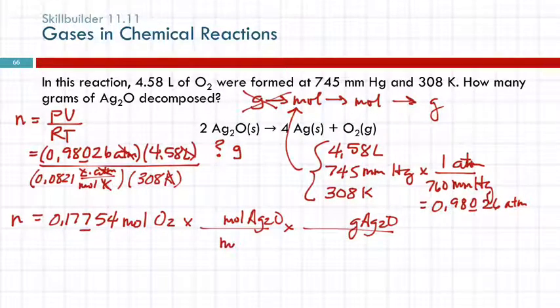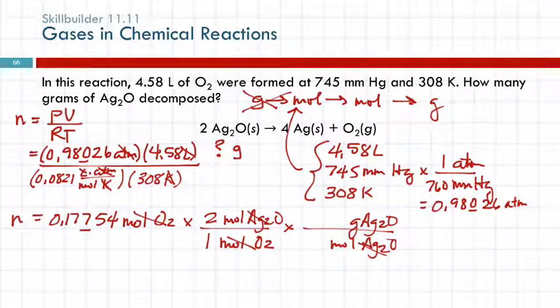So I put moles of oxygen down here, and I put moles of Ag2O down there. So my units work out. The mole ratio comes from the balanced chemical equation. 2 moles of silver oxide generate 1 mole of oxygen gas. So 2 moles of silver oxide for every 1 mole of oxygen. Then I need the molar mass of silver oxide.